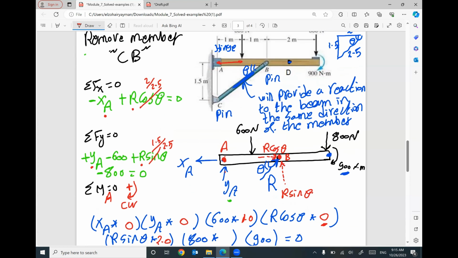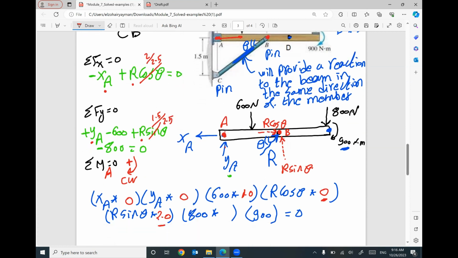First of all, the distance between B and A, yes, it's 2 meters. But keep in mind, R cosine theta is a horizontal component. If your force is horizontal, your distance must be vertical. Do you have a vertical distance between B and A? No, your distance will be 0.